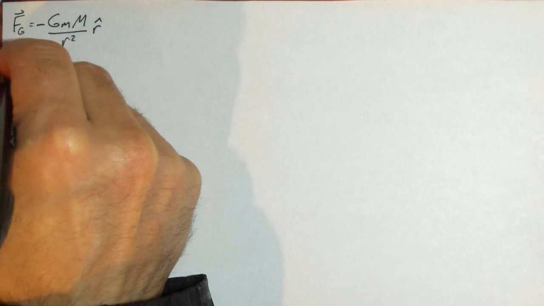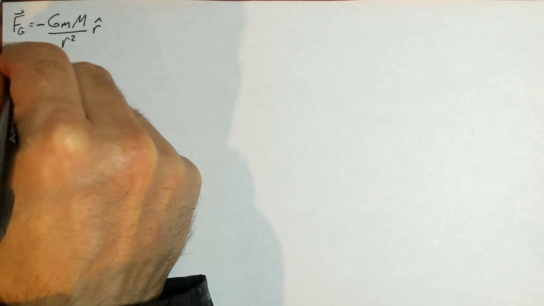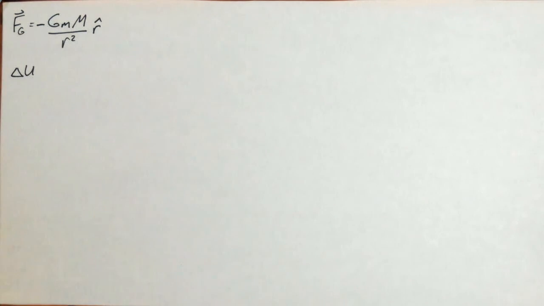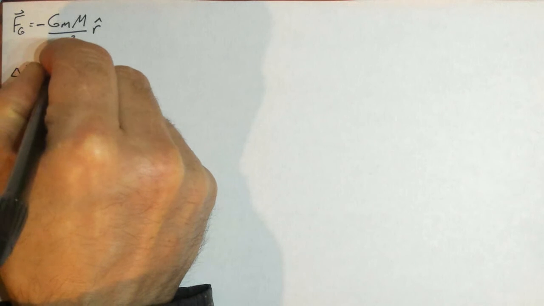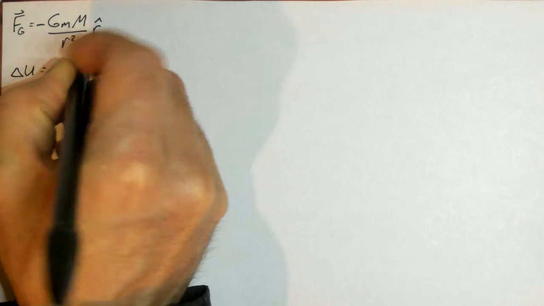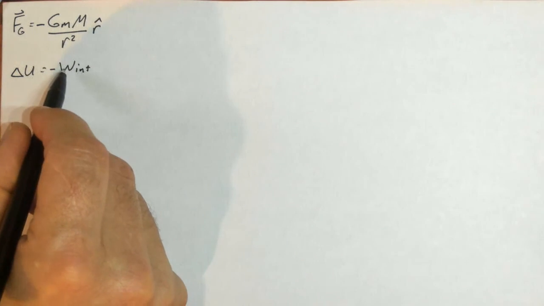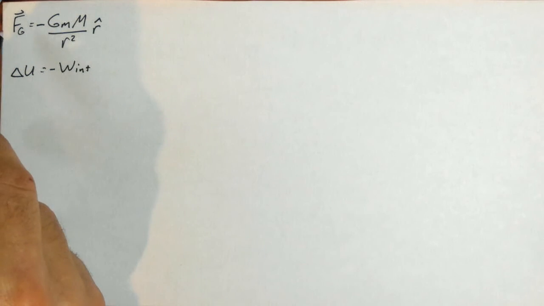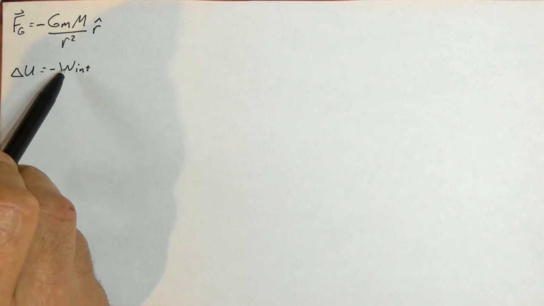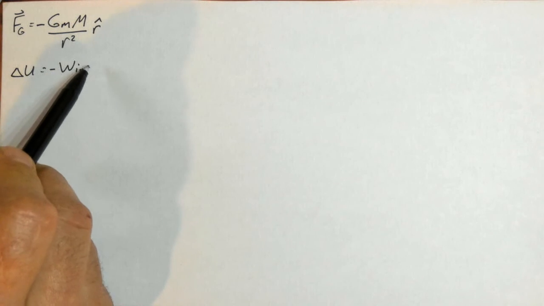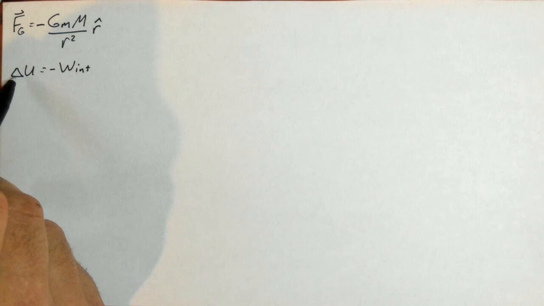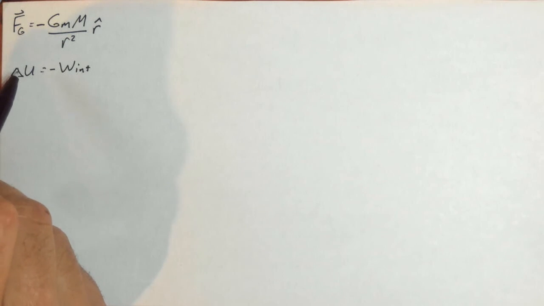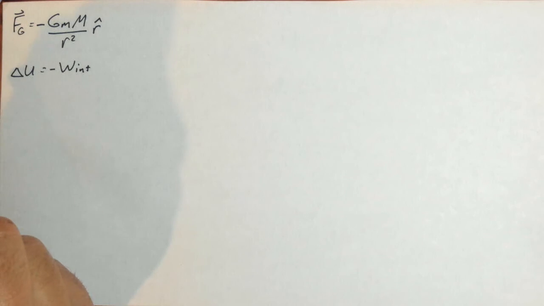So remembering that our potential energy difference, or the change of potential energy in a system, is equal to the negative work internal, where I use internal to represent that I'm including the acting object in my system, and so it's the work done inside my system, work done by one object of my system on another object of my system, and that is the same thing as the negative potential energy change from that interaction in my system.